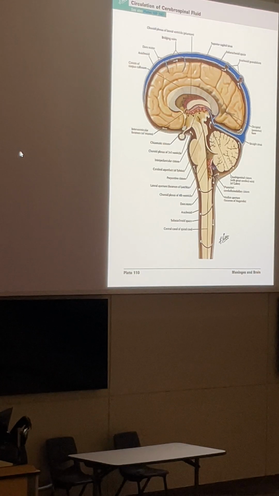Subarachnoid space, and eventually, as you are very clear from the beginning until now, all that CSF goes all the way down to the tailbone, rolls up, and will be collected back through the arachnoid granulation tissue, which dumps into the venous drainage or the dural sinuses, and eventually into the internal jugular vein.